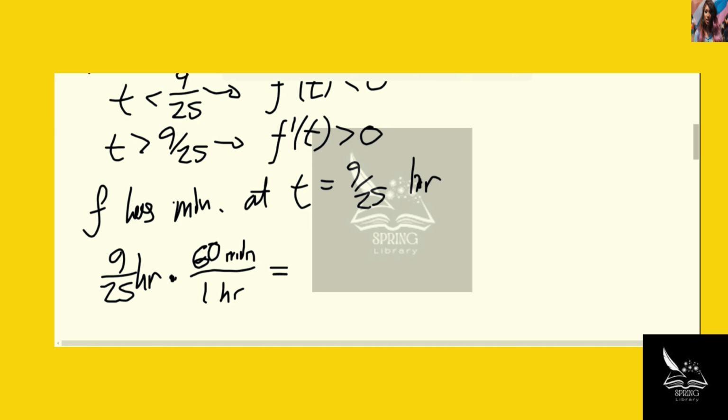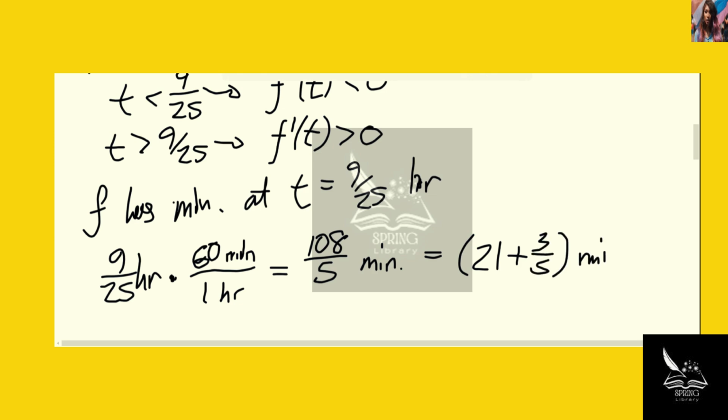And so this is how many minutes? 108/5 minutes, which if you divide, we get 21 plus, then we have a remainder of 3/5 minutes.